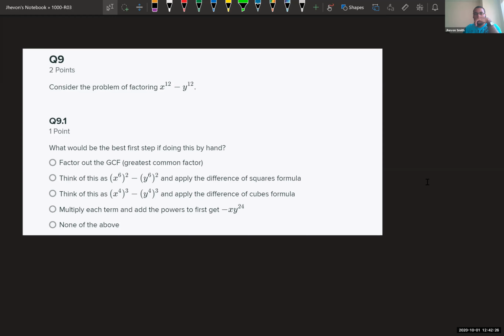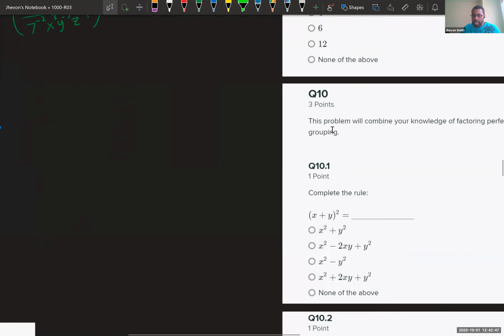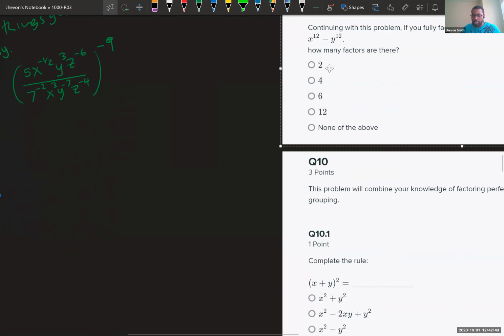Wouldn't it be answer choice B because it's simpler than doing the cube root, right? And it would get all the answers. Right, and this again falls in line with the advice that I gave you earlier. Choose the strategy with the least bells and whistles, or with the lowest level. So you would try to apply difference of squares before you try to apply difference of cubes.